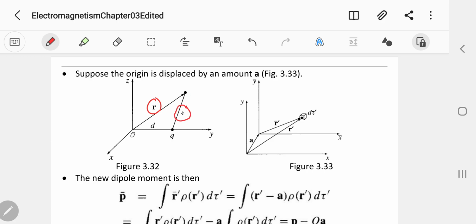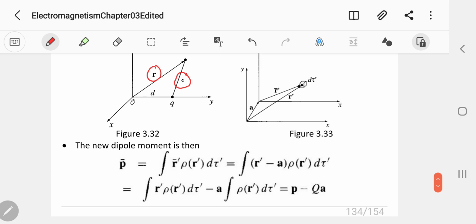For a dipole, if you change location to another point which is distance a from the original position, then the dipole moment would change, and the new dipole moment would just be equal to this one.